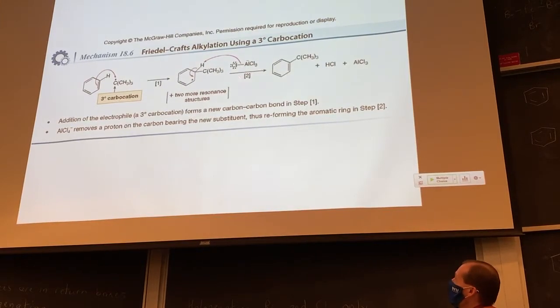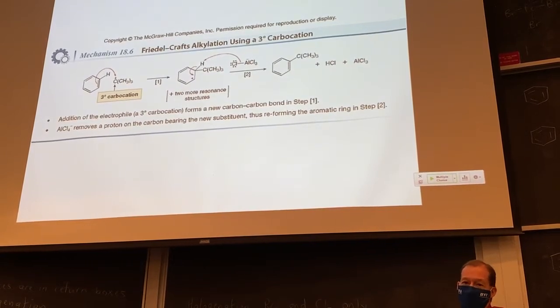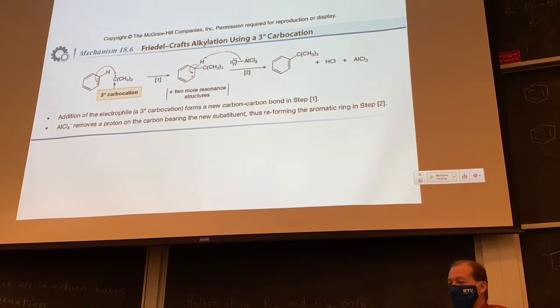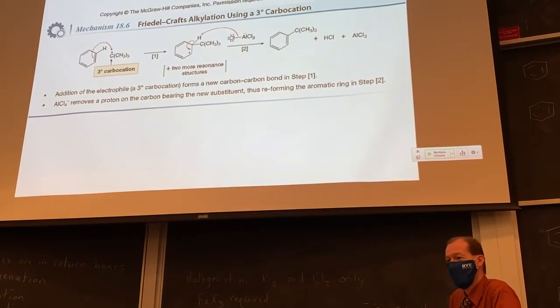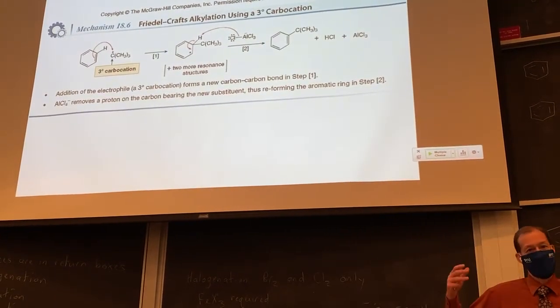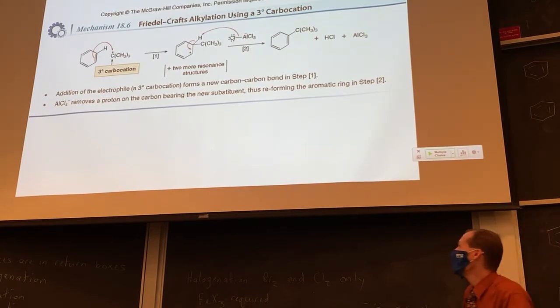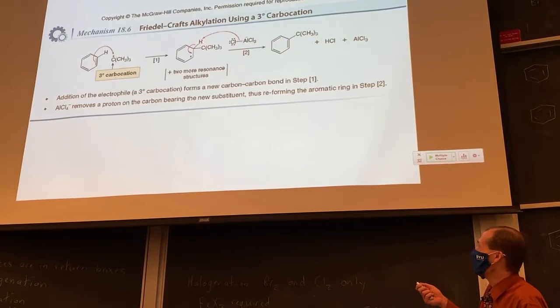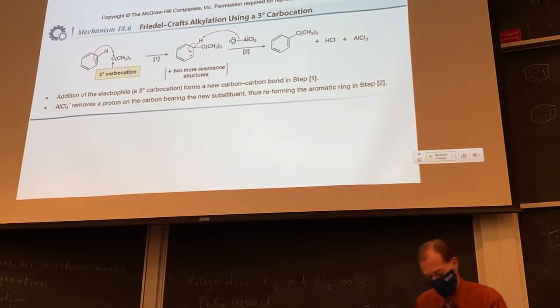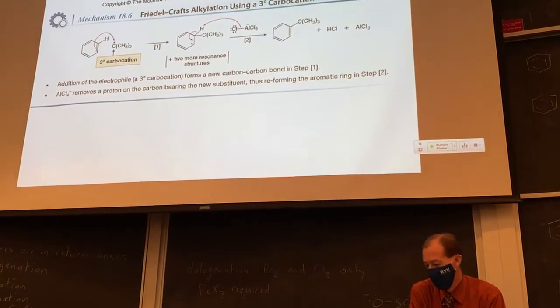This is not a very strong base, but you don't need a strong base to deprotonate this cation. That cation is desperate to become aromatic again because it can attain the stability due to aromaticity. And so any kind of a base whatsoever will be able to deprotonate this and generate that aromatic product.